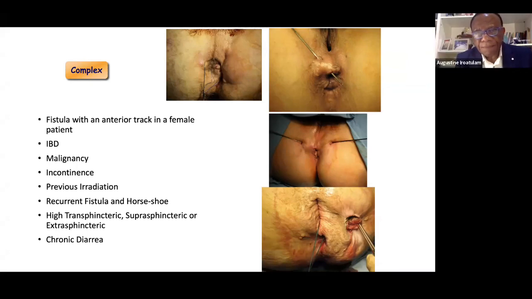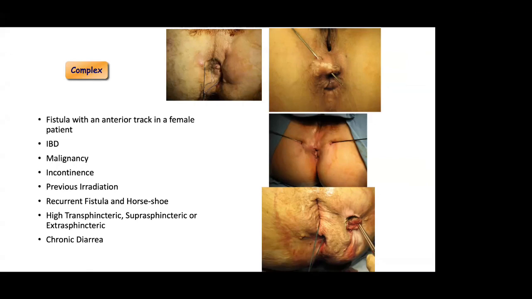The complex fistulas are also high transsphincteric, suprasphincteric, or extrasphincteric fistulas. Also, elderly patients with chronic diarrhea can be considered patients with a complex fistula.